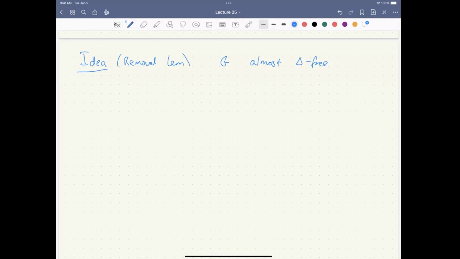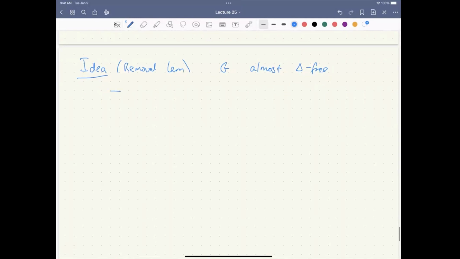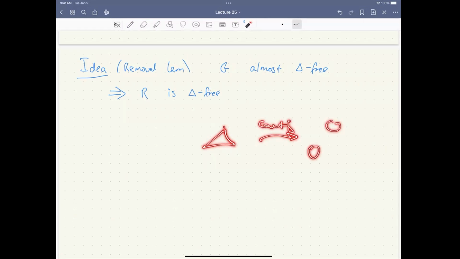So first of all, we notice that G being almost triangle free actually implies the corresponding reduced graph is genuinely triangle free. Must be triangle free. Why must the reduced graph be triangle free? If you ever see a triangle in the reduced graph, then by the counting lemma, it will correspond to a positive fraction of triples in G forming a triangle.